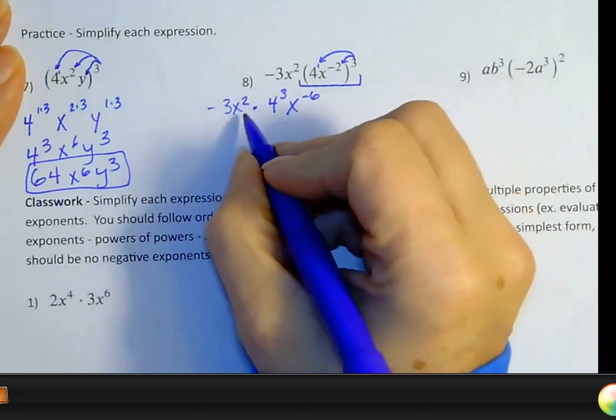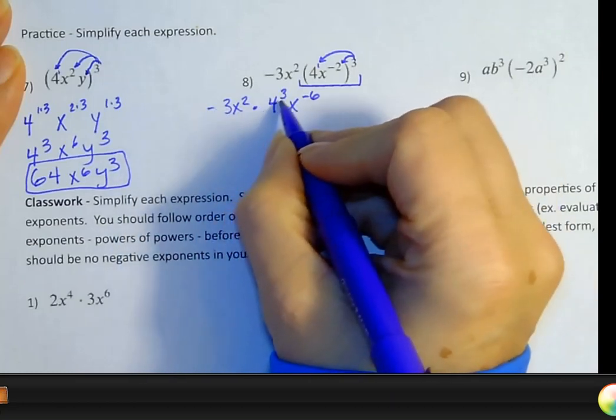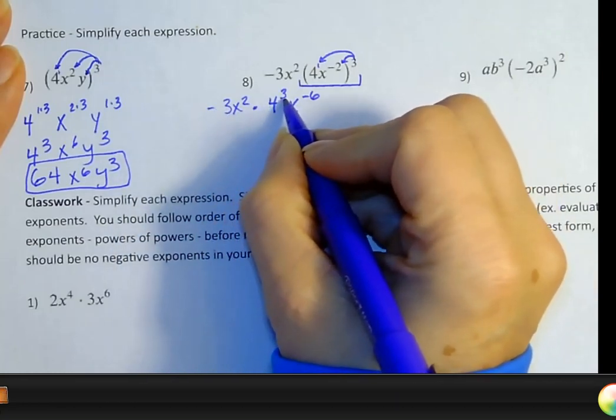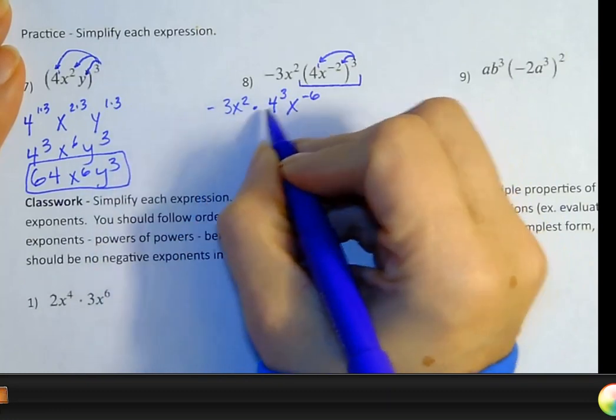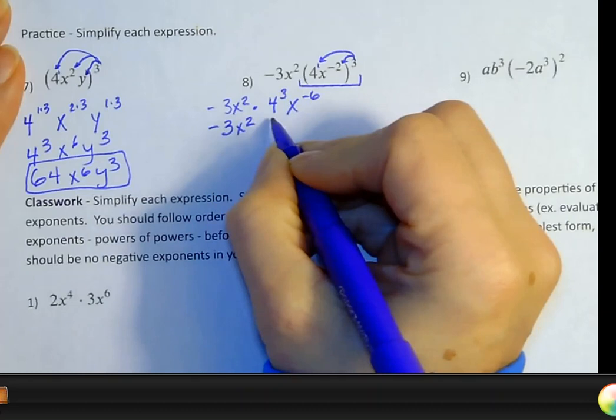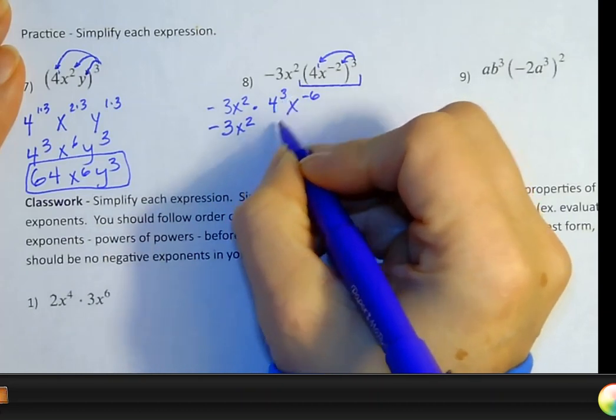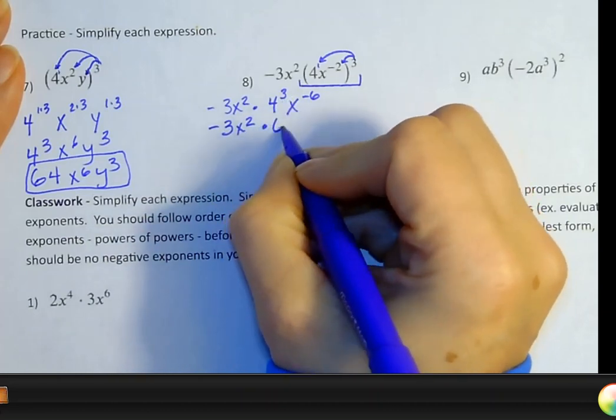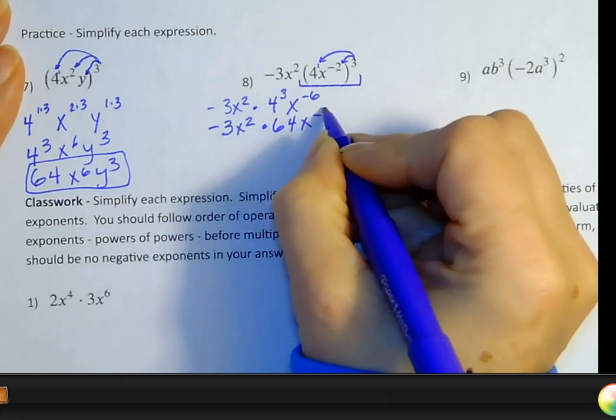I'm going to just kind of simplify this. I'm still going to take care of exponents that I can take care of, according to GEMDAS. So I'm going to continue to bring down negative 3x squared. 4 times 4 is 16, times 4 again is 64, so this is times 64, x to the negative 6.